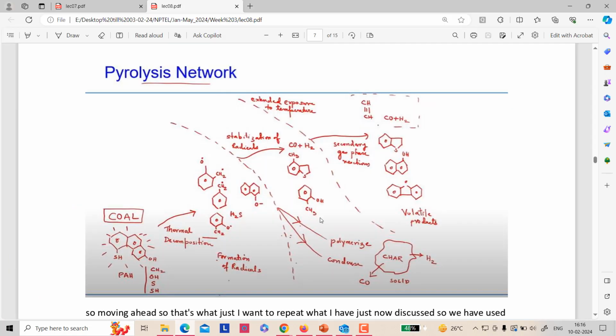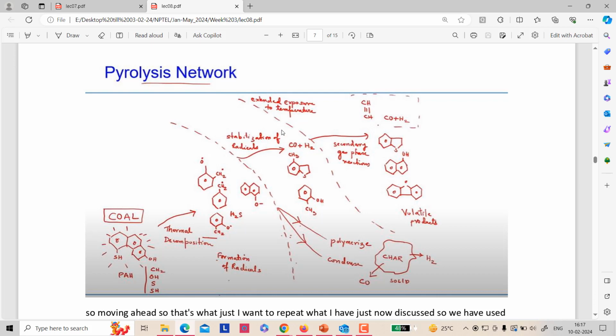Here you will understand more clearly that coal is thermally decomposed, that means at higher temperature coal is decomposed to produce radicals. Then it is polymerized or condensed to produce char and gas along with H2 or CO. That means syngas is also produced. In the other step, the stabilization of these radicals produces syngas, aromatic structures and many other molecules.